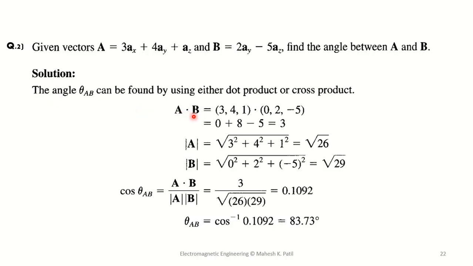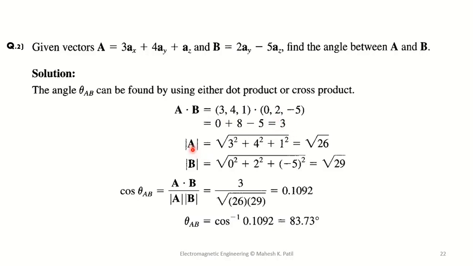A bar dot B bar is calculated first, by corresponding component multiplication in the x direction, y direction and z direction. So A bar dot B bar is simply 3 into 0 plus 4 into 2 plus 1 into minus 5. This A bar dot B bar results in the answer 3.